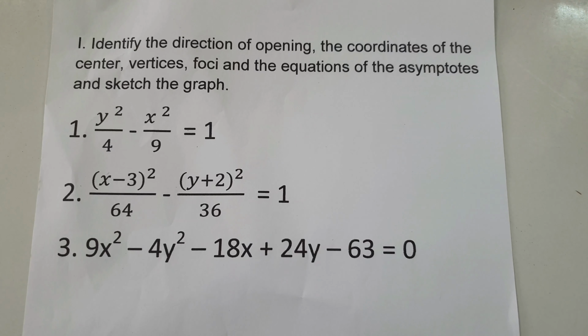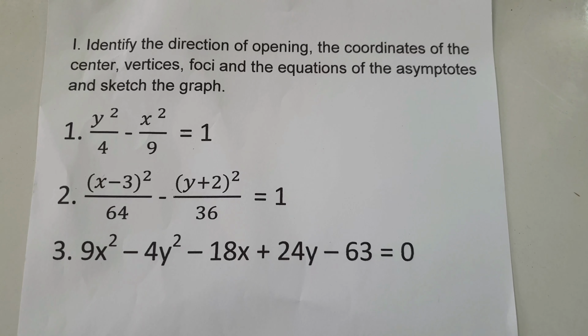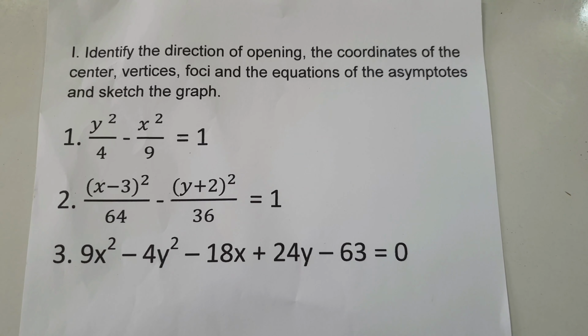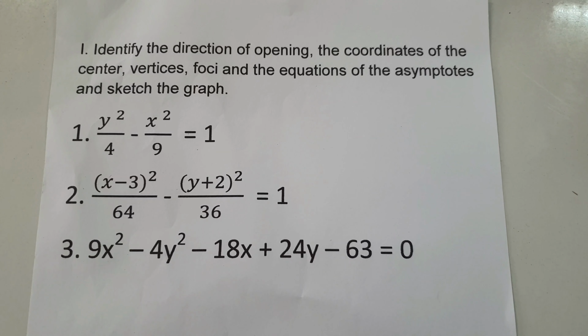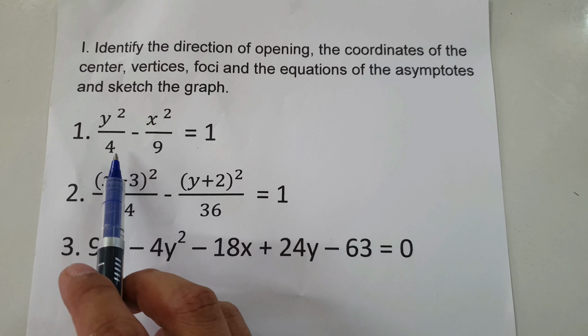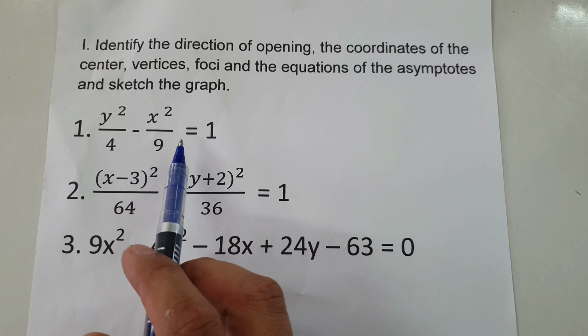In our example, we are going to identify the direction of the opening of the hyperbola, the coordinates of the center, vertices, foci, including the equation of the asymptote. For example number 1, we have y squared over 4 minus x squared over 9 equals 1.